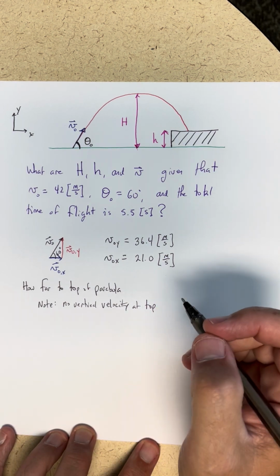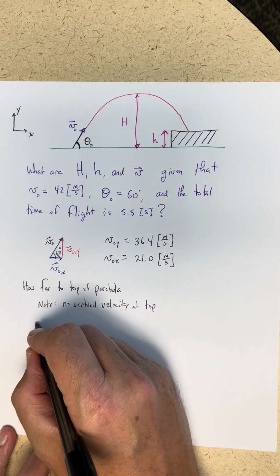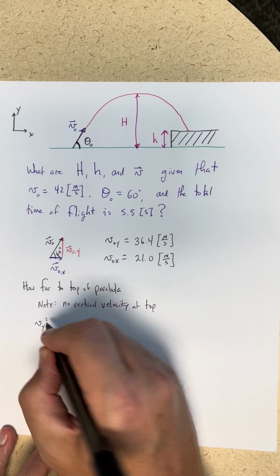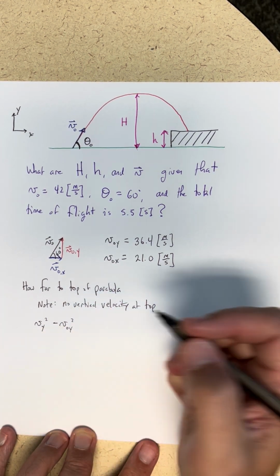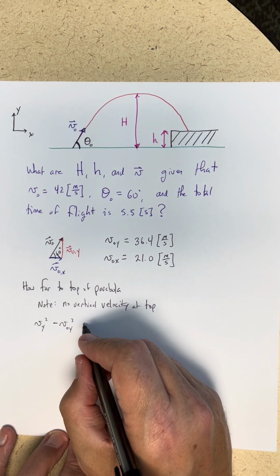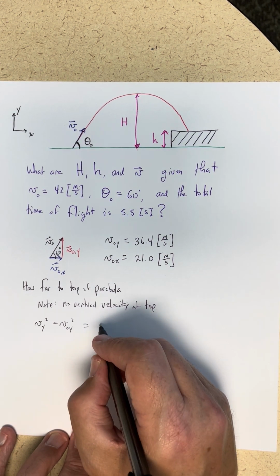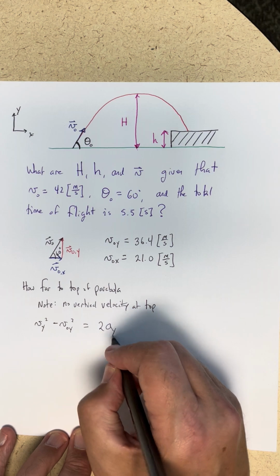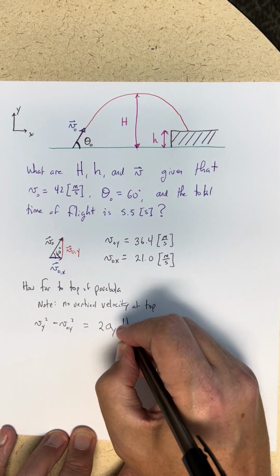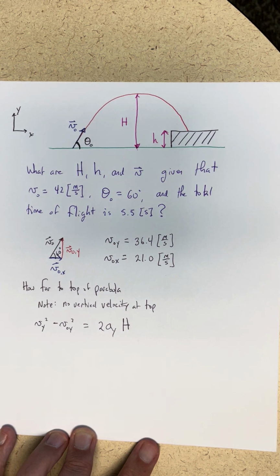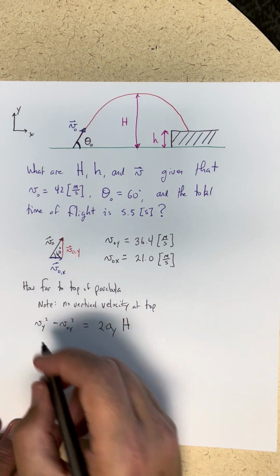If we use the equation of kinematics that does not involve time, v final squared minus v initial squared, y components, is going to be twice the acceleration along the y direction times that height, h. So we can solve for the height.